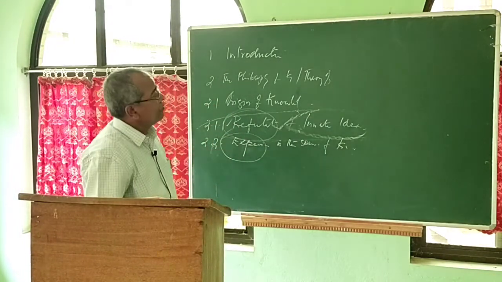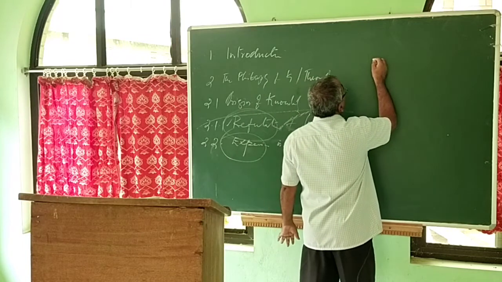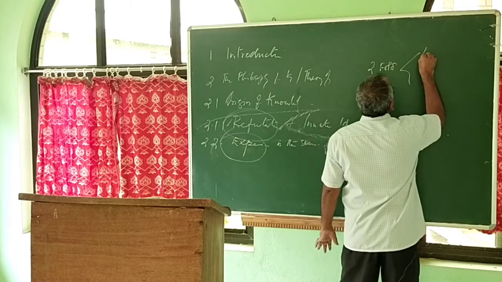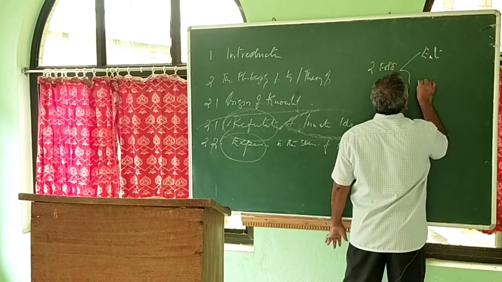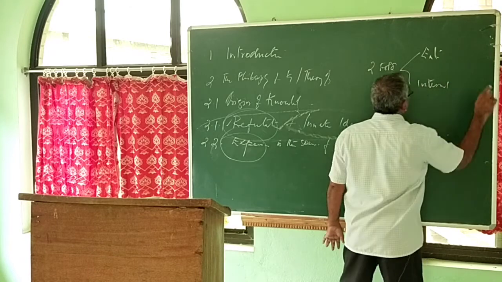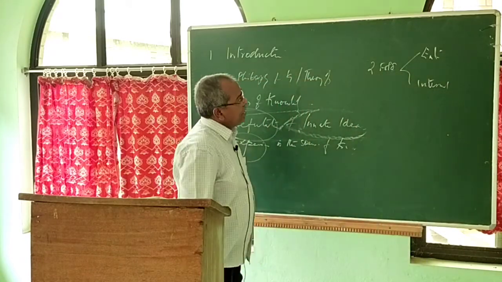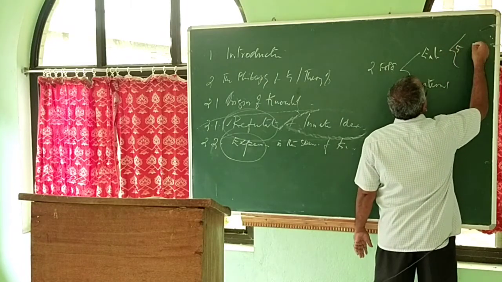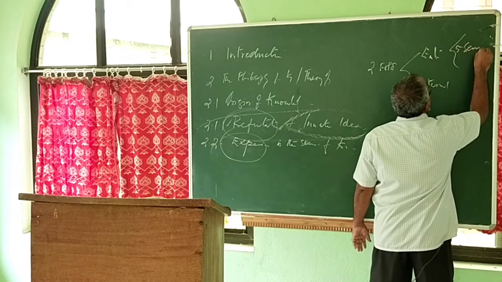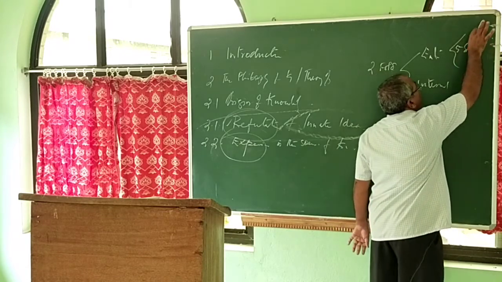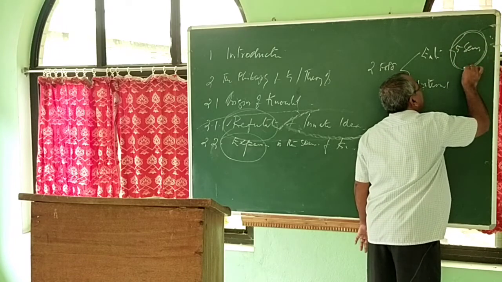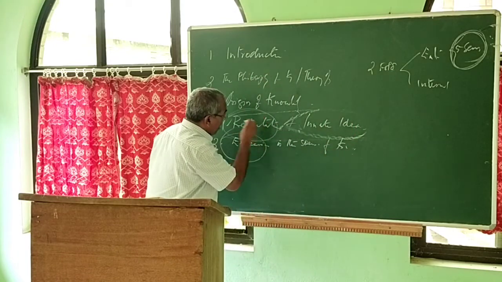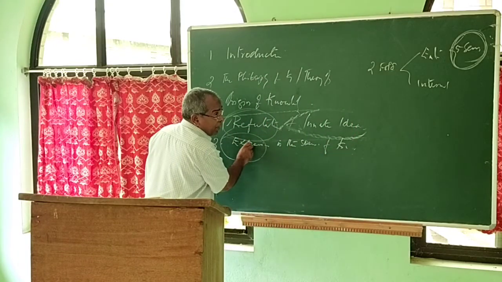Now, experience is twofold: external and internal. External means what? You have your senses. How many senses? Five senses. So in other words, all that you get through your five senses becomes the primary source of knowledge, and that is part of your experience.